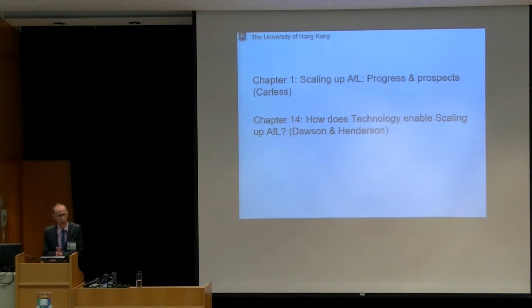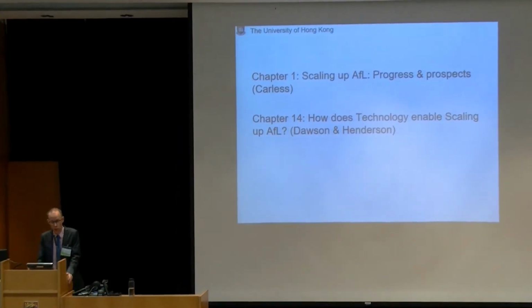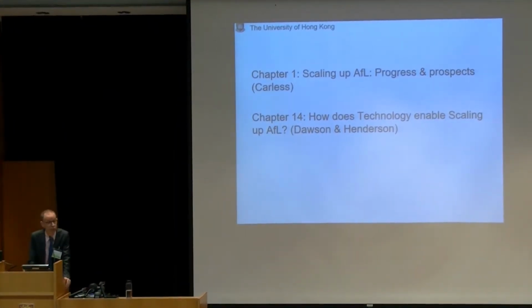I'm also going to draw on the final chapter of the book, which looked at the role of technology, because this chapter seems to fit very much with the aims of this conference. This chapter was written by Philip Dawson from Deakin University and Michael Henderson from Monash University in Melbourne.